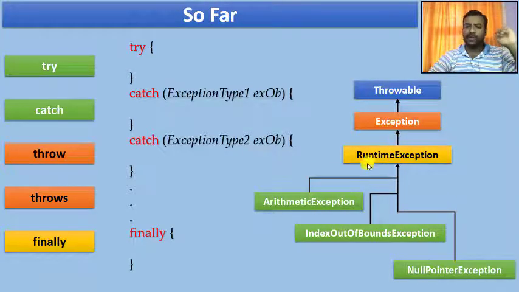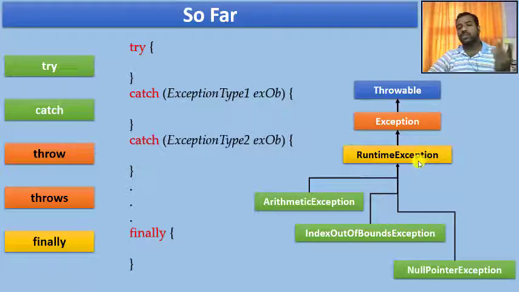Specifically, we'll now put the arithmetic exception as a subclass of runtime exception, and even a few more classes: index out of bounds exception, again a subclass of runtime exception, and null pointer exception, again a subclass of runtime exception. I have put only a few classes here. There are a few more which are subclasses of runtime exception, as well as a few subclasses of exception also.